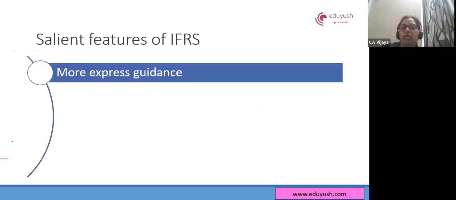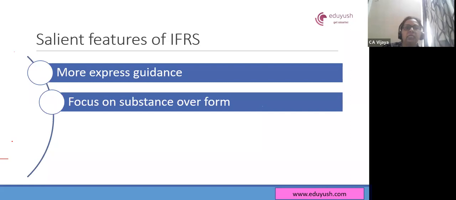Okay. So now we are going to look at what are the salient features of IFRS which are strictly followed under IFRS. Maybe some other accounting principles don't follow that to that extent as IFRS does. So first of all, we have got more express guidance under IFRS as compared to certain other accounting frameworks, which may not have that much of guidance. Second is, there is a lot of focus on substance over form.